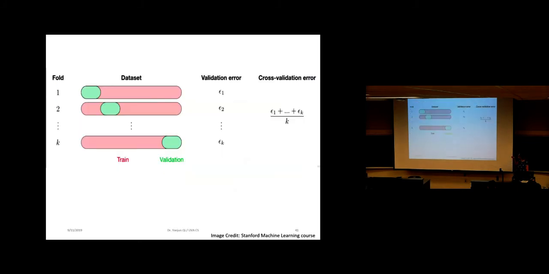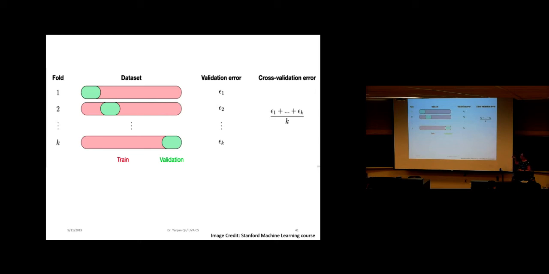In a lot of settings, people call this validation error, but because of what we covered so far, we call it testing error. We're going to clarify that in the future slides. But for now, just treat them as the same term.